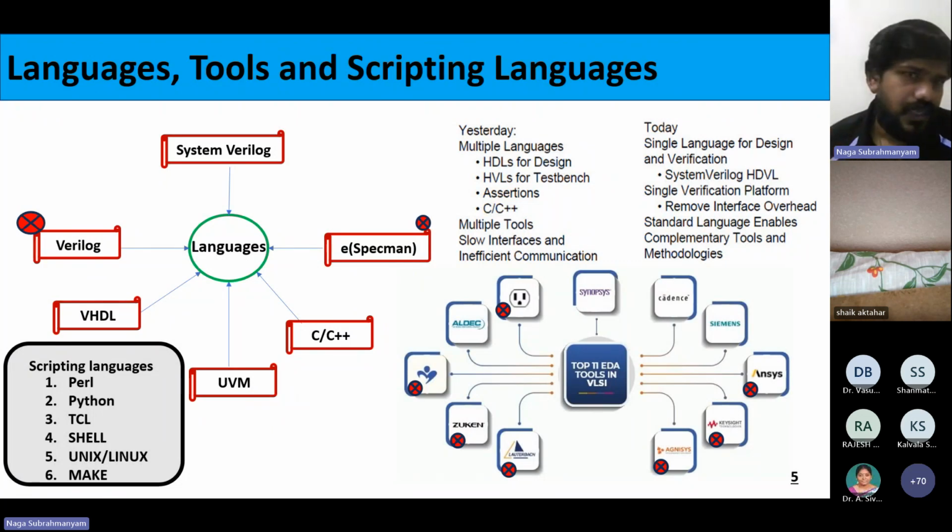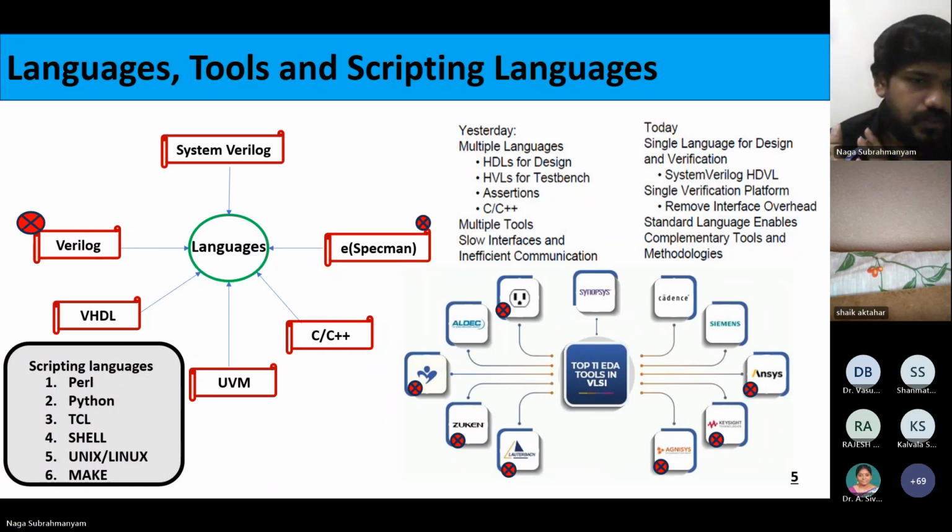I'm sure. So if you see this UVM, it is not a language itself, but most people think that UVM is a language. It's not a language, it's a methodology which was taken from SystemVerilog. In SystemVerilog there is a thing called object oriented programming.